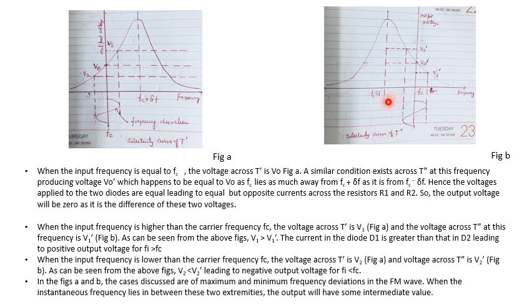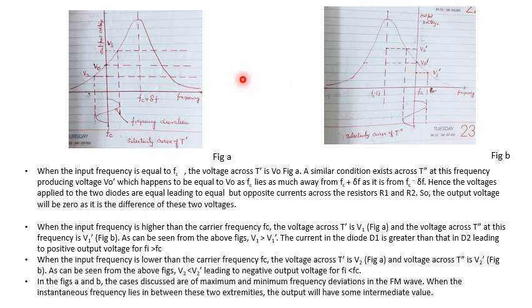Meaning to say that when incoming frequency is Fc, the output voltage of the upper circuit V0 and the output voltage of the lower circuit V0 dash, both values are equal. V0 is equal to V0 dash.